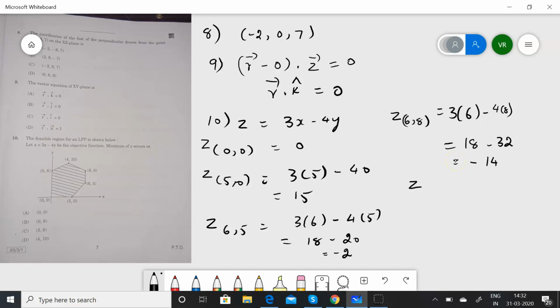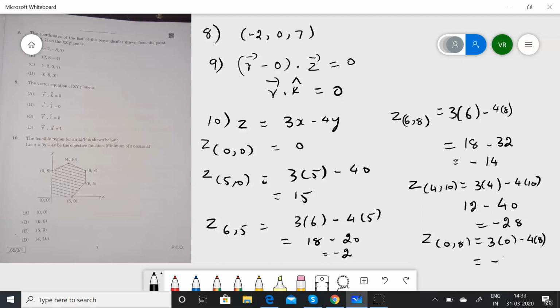Z at (4, 10) is 3 times 4 minus 4 times 10, which is equal to 3 4s are 12 minus 40, which is equal to minus 28. Z at (0, 8) is 3 times 0 minus 4 times 8, which is equal to minus 32. Hence we can see the minimum value is at (0, 8). Hence option B is correct.